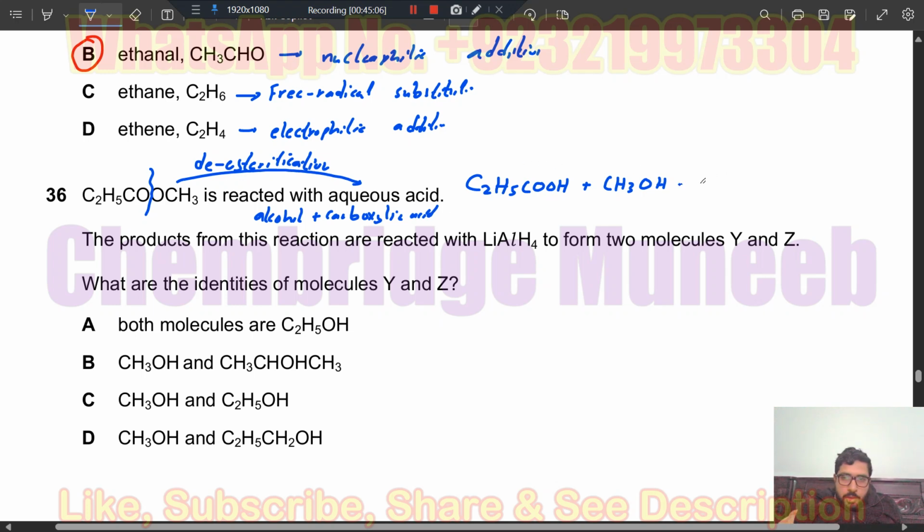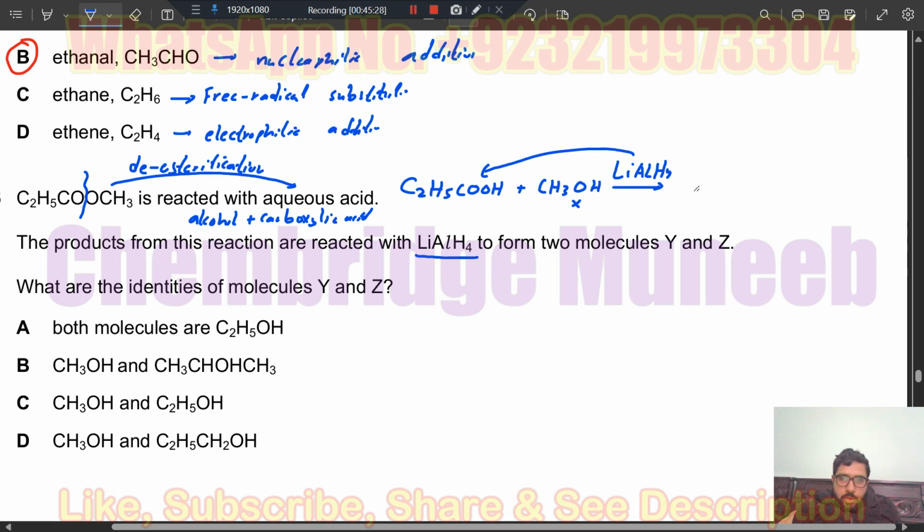Now these must be reacted with the LiAlH4, and we should know that this is a very strong reducing agent and it can reduce the carboxylic acid. So when it reacts with the mixture, it should attack on the carboxylic acid only, and there should be no attack on the alcohol. So the only reaction is with the carboxylic acid, so it should be converted into the alcohol.